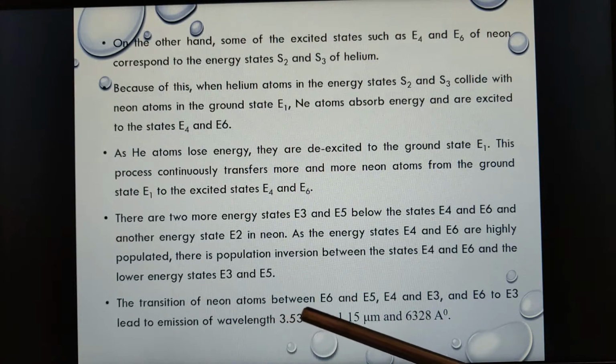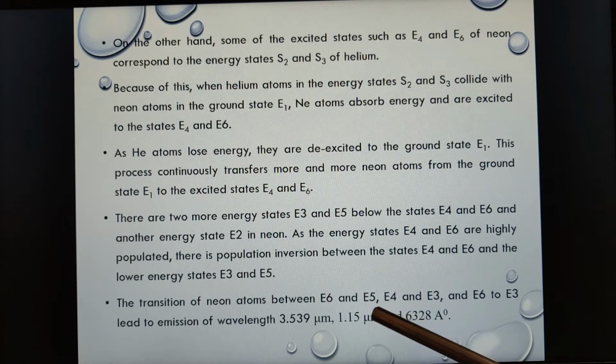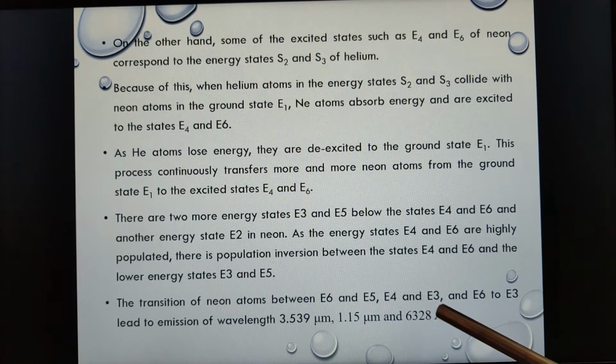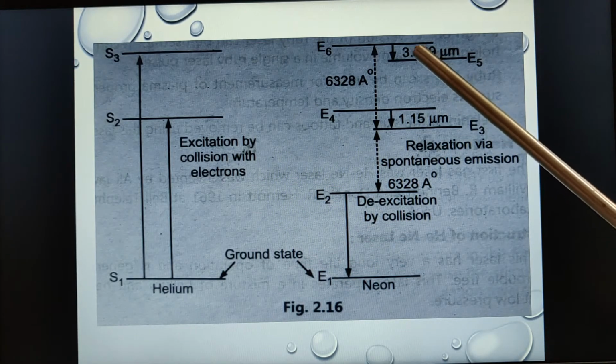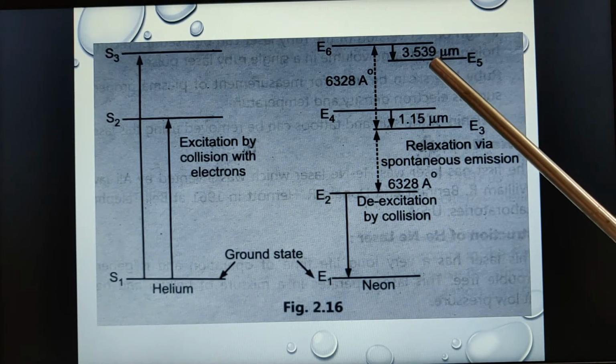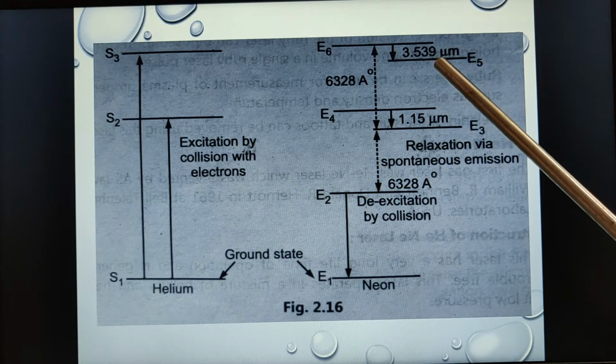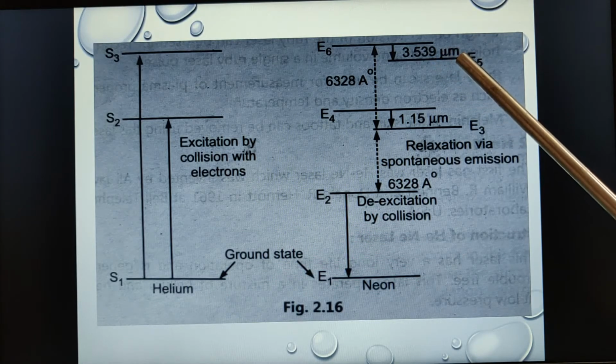The transitions of neon atoms from E6 to E5, E4 to E3, and E6 to E3 lead to emission of wavelengths 3.539 micrometer, 1.15 micrometer and 6328 angstrom. So in the diagram, when there is a transition from E6 to E5, light of wavelength 3.539 micrometer is emitted.